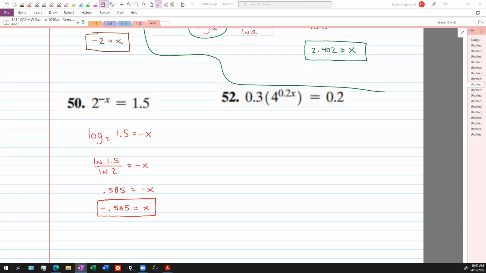Any questions on the first one? Okay, the second one, you cannot convert that to a log because of the 0.3 out front. So the first thing I'm going to do is divide both sides by 0.3. Watch.